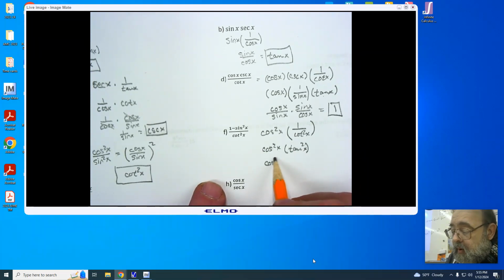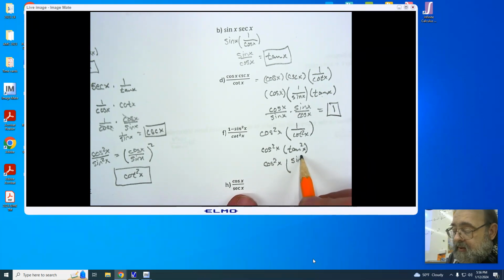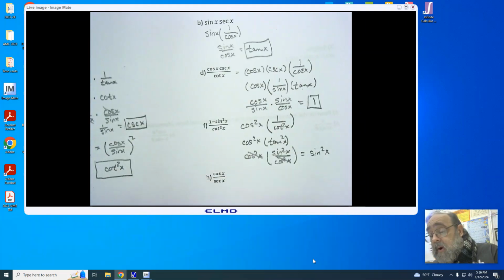So cosine squared x now multiplied by sine squared x over cosine squared x. And the cosine squared x's will cancel, leaving me with sine squared x. Now, this is currently in terms of sine. If they had said to put it in terms of cosine, I would now use my 1 minus cosine squared x equals sine squared x in order to do something different.